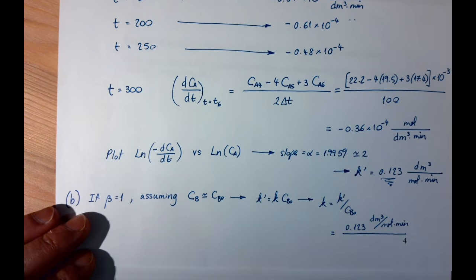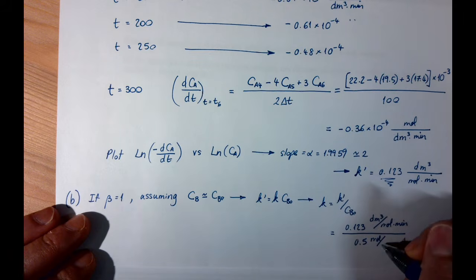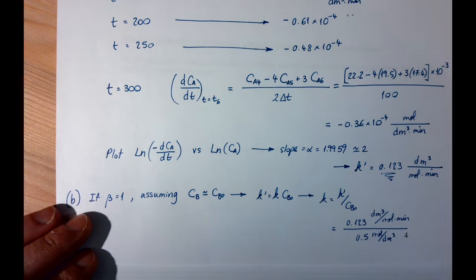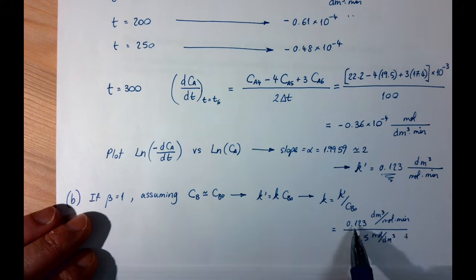So CB naught is 0.5 moles per cubic decimeter. So the value of K is 0.123 divided by 0.5.